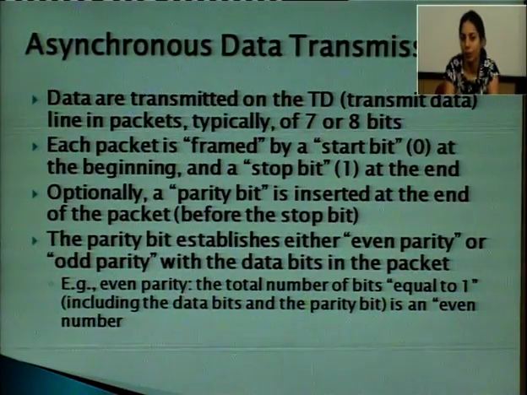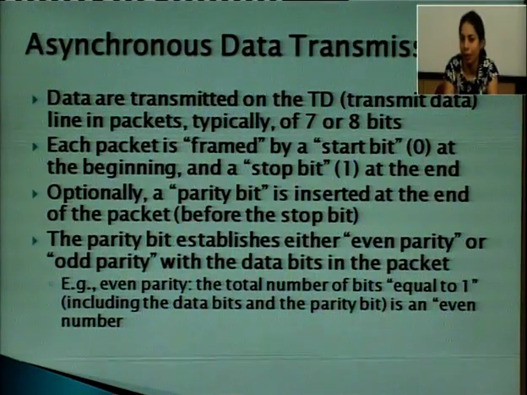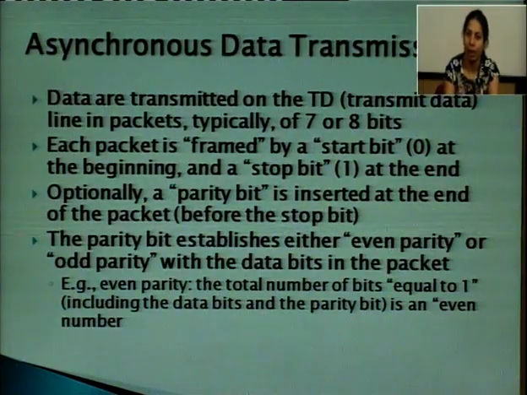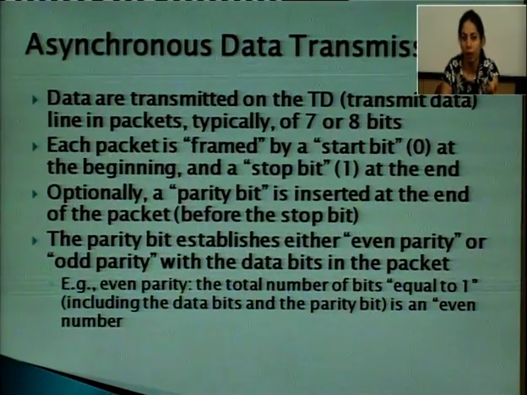And with this we can optionally add a parity bit also for the purpose of ensuring the data integrity in the communication path, and this parity bit establishes either even parity or odd parity depending on the data bits.